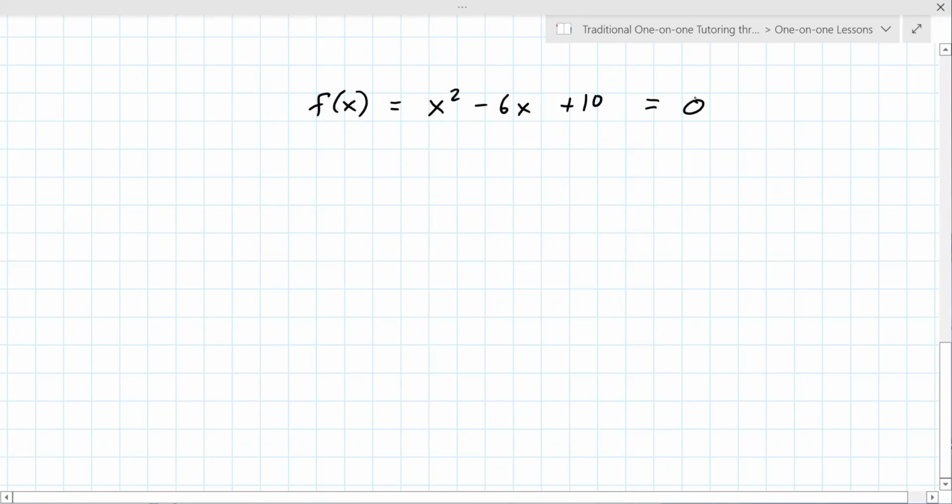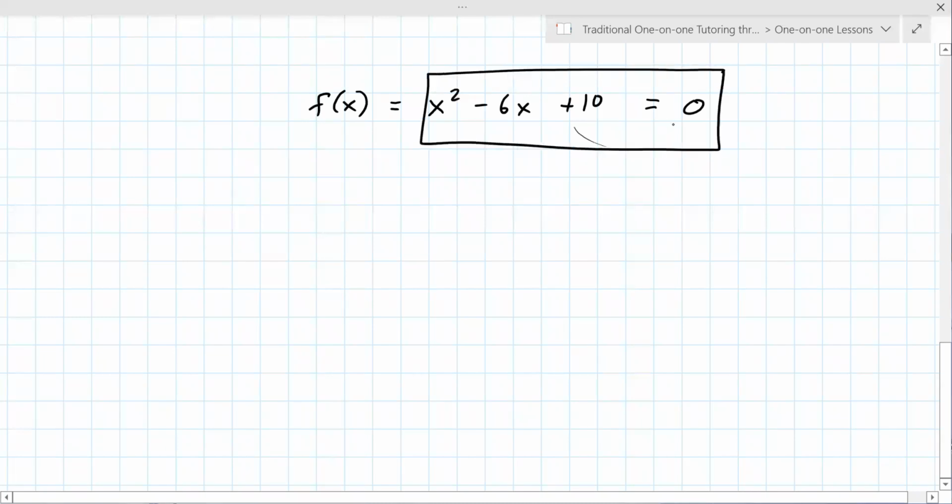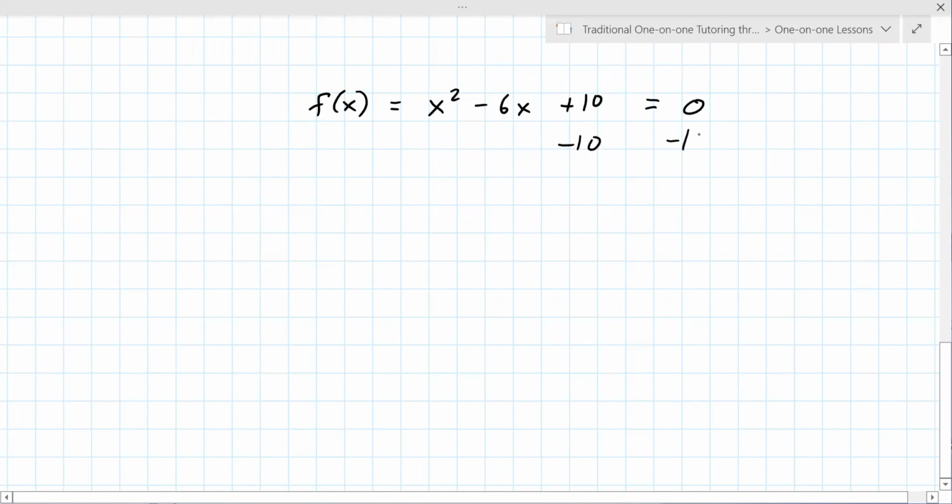I like to, because the problem we're looking at is on each side, and you're going to move this term, so you don't want to be dealing with this f of x each time. So it's x squared minus 6x, leave a space, plus 10, like that.